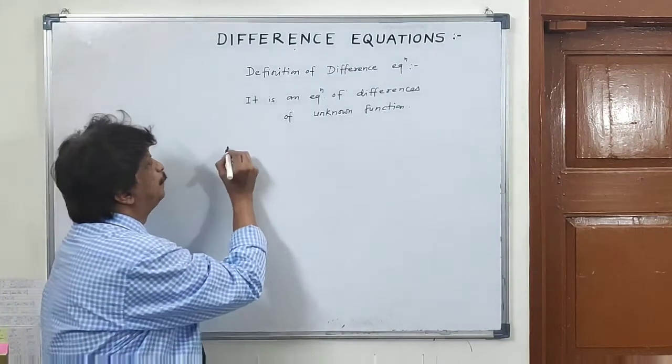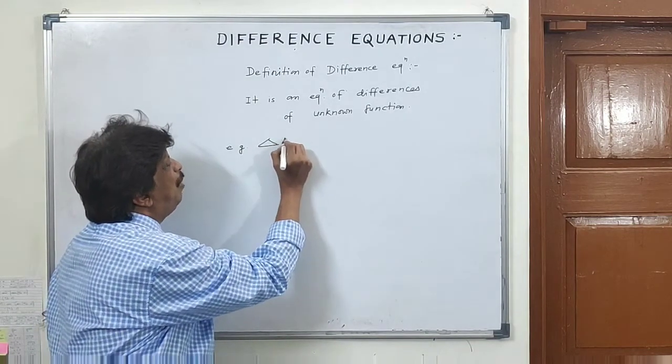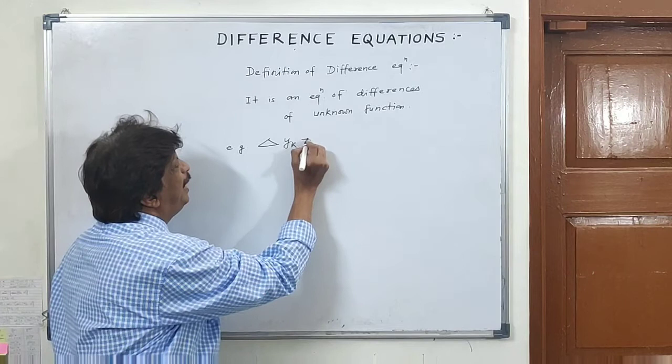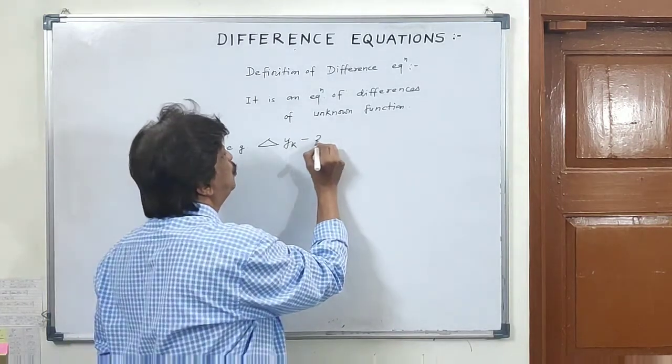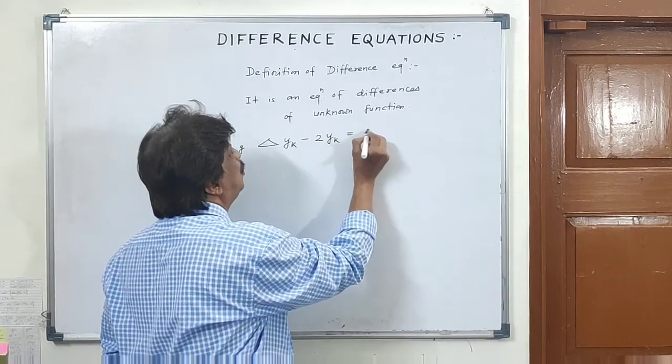For example, delta of yk minus 2yk is equal to 0.